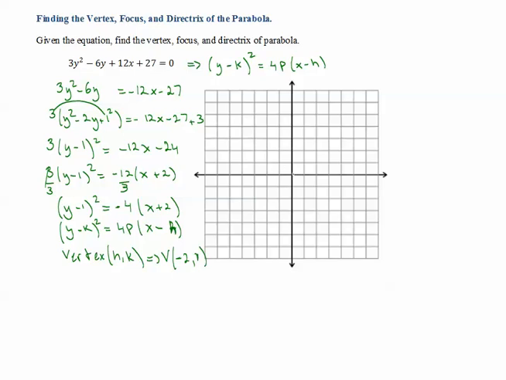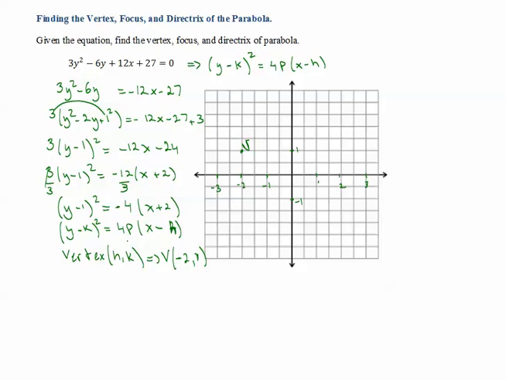So the vertex is, let me write it, let's choose each 2 units in the graph as 1 unit. So here we have minus 2 and 1. So the vertex is here, minus 2, 1.